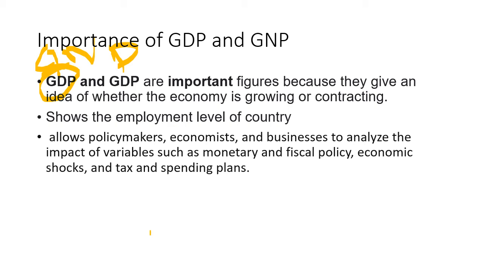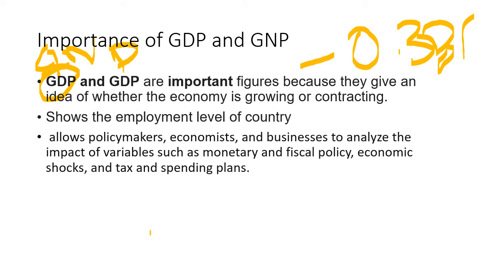For example, in the fiscal year 2019-2020, the growth rate of GDP of Pakistan was minus 0.38%. It means the production of goods and services in Pakistan decreased by 0.38%.